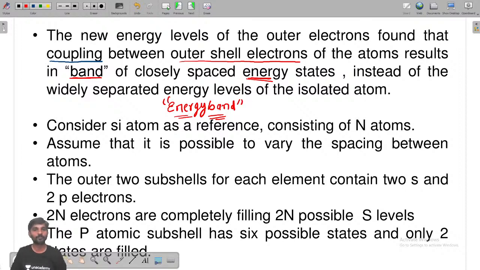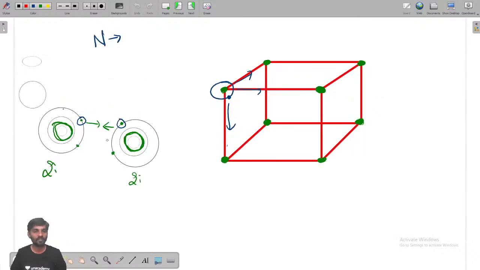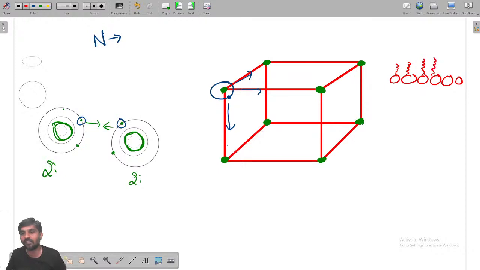If you bring many electrons like this, 1 electron, 2 electrons, 3 electrons, 4 electrons, 5 electrons, all these outer electron energy levels will form a band.